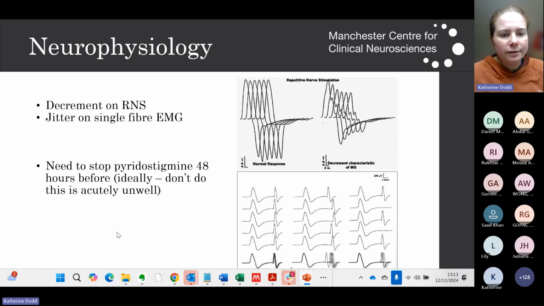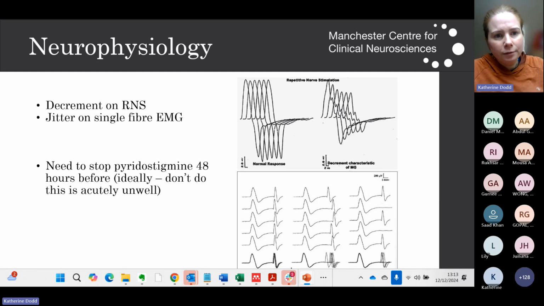As well as antibody tests, we mentioned that there'll be certain patients who are seronegative. We might therefore want to do neurophysiology. And the 2 main things to ask for are repetitive nerve stimulation and a single fiber EMG. With neurophysiology, we've got nerve conduction studies, where they stimulate a nerve and see the conduction along it.